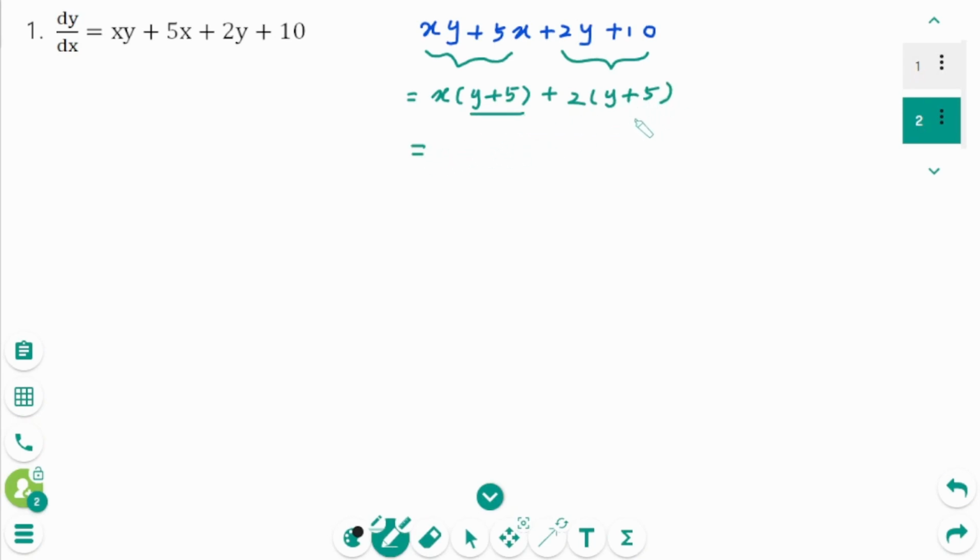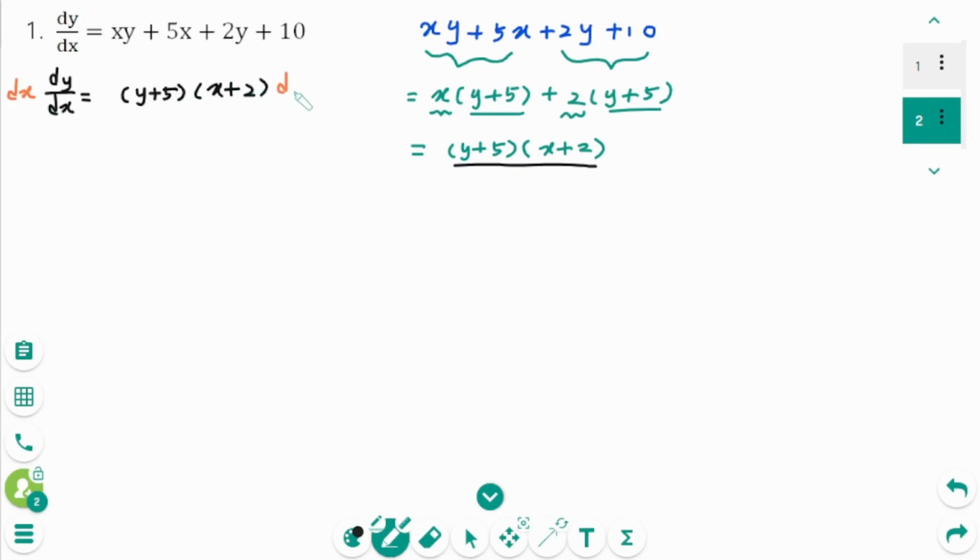We can factor y plus 5 times x plus 2. Then back to the original, dy dx equals y plus 5 times x plus 2, then times dx on each side, cancelled, dy equals y plus 5 times x plus 2 dx.